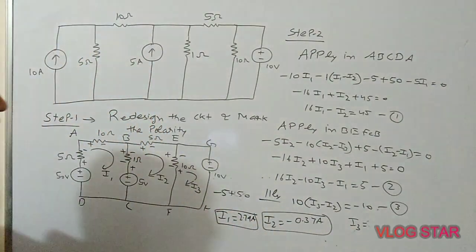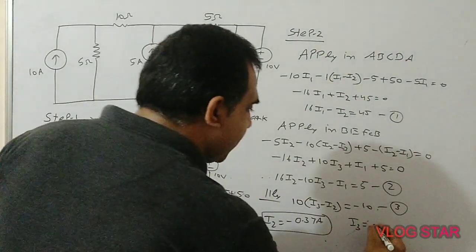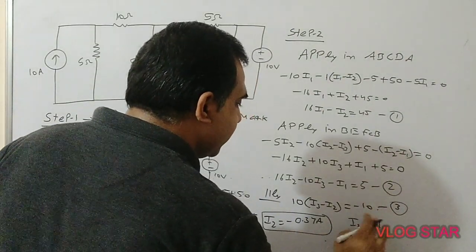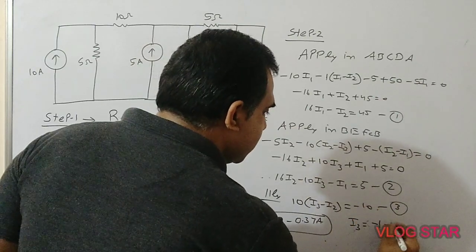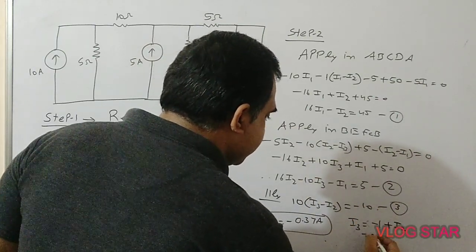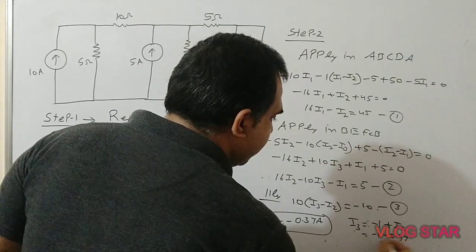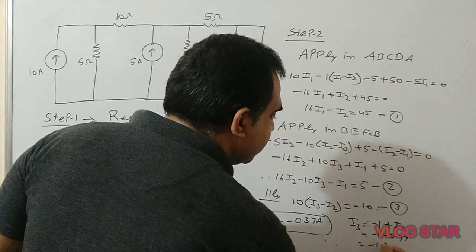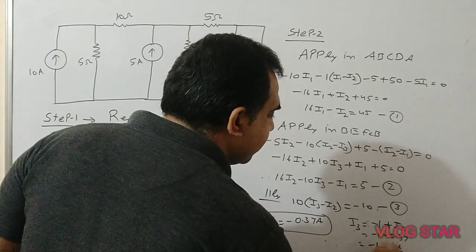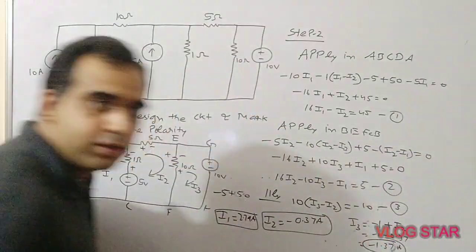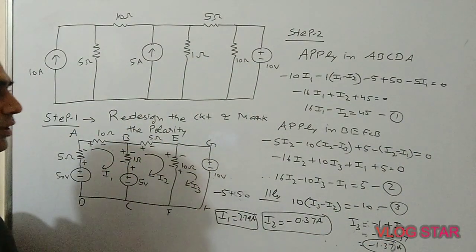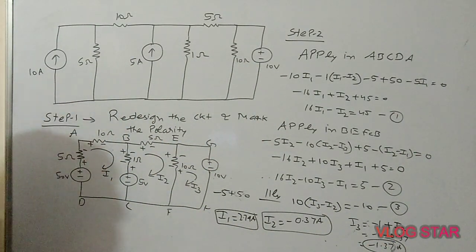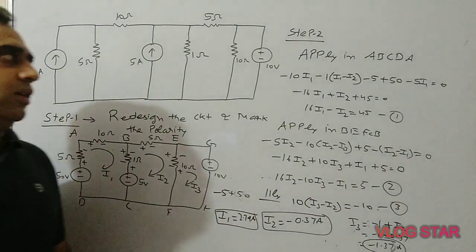Now what about I3? I3 is basically minus 1 plus I2. Minus 1 minus 0.37, it means minus 1.37 ampere. So these are the values of the currents.